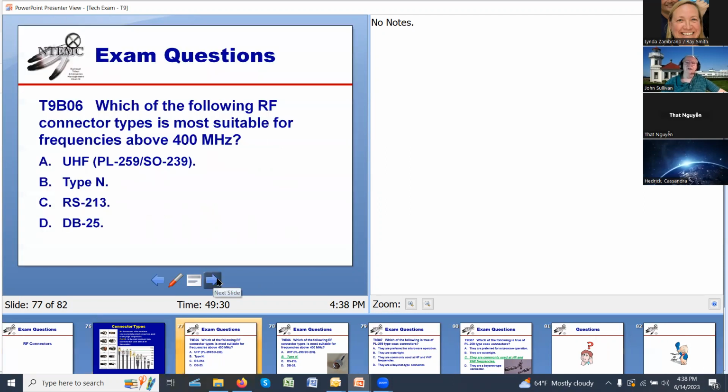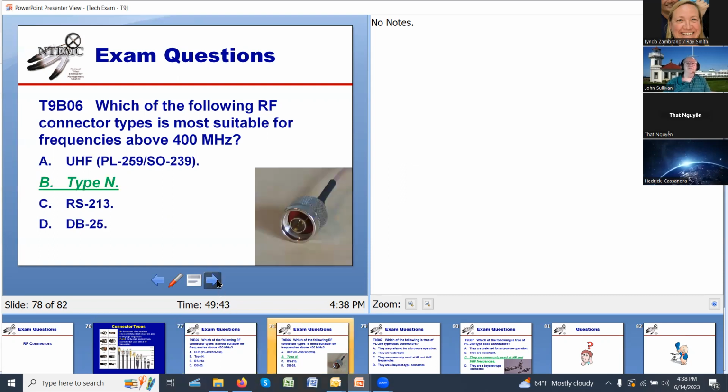So our questions on RF connectors: which of the following RF connector types is most suitable for frequencies above 400 megahertz? So we're talking about the UHF range, right? And what did I just say? The type N is the best in the UHF range. So above 400 megahertz, type N is better.